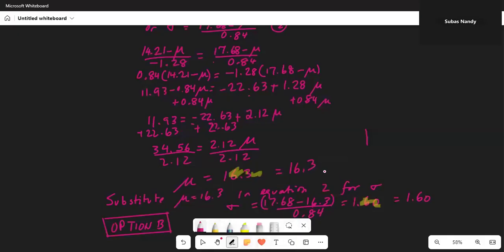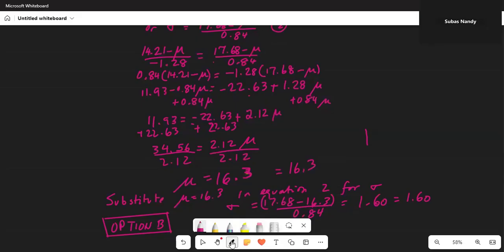Okay, so mu is 16.3, sigma is 1.60. 16.3 is the answer for mu, and sigma is 1.60.